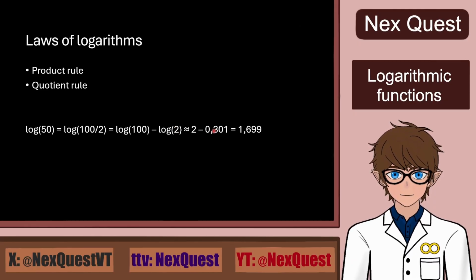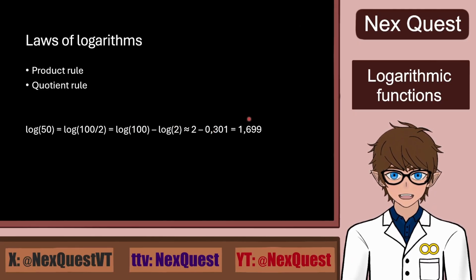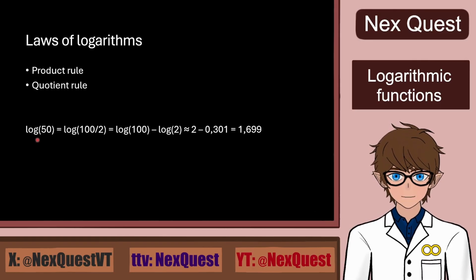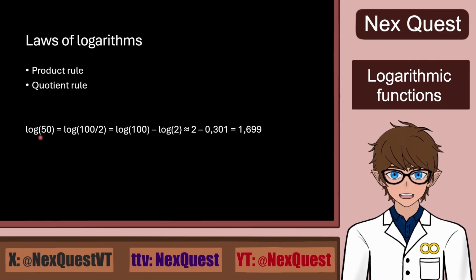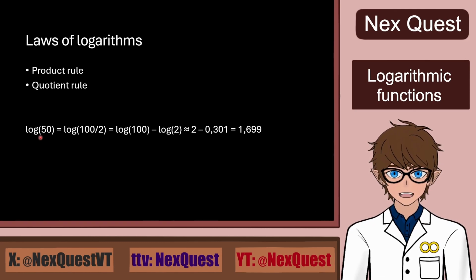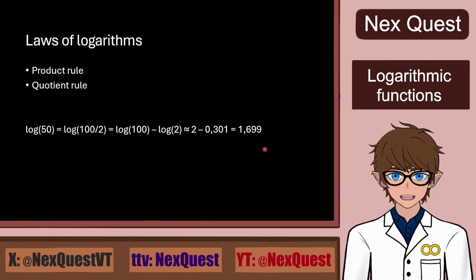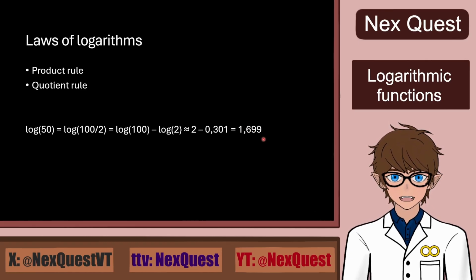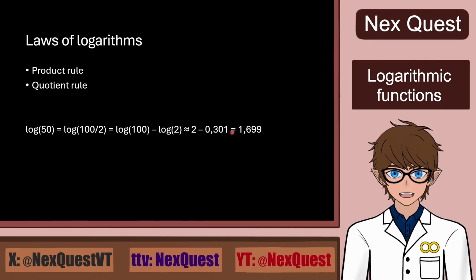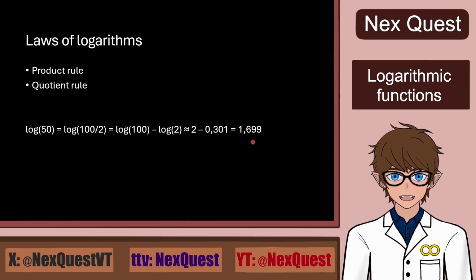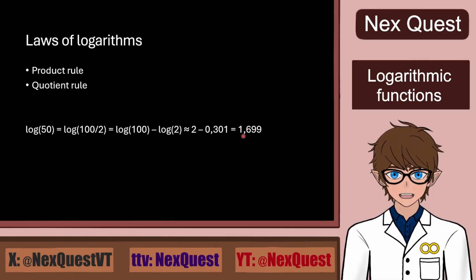And this gives us the result of 1.699, while the real value, to a few more decimal points, but not all of them because it's irrational, the real value of the logarithm of 50 is 1.6989700043, etc. So we see that we got it correct, as an approximation, of course, within a certain margin of error. This is a very good way to eyeball the value of the logarithm.